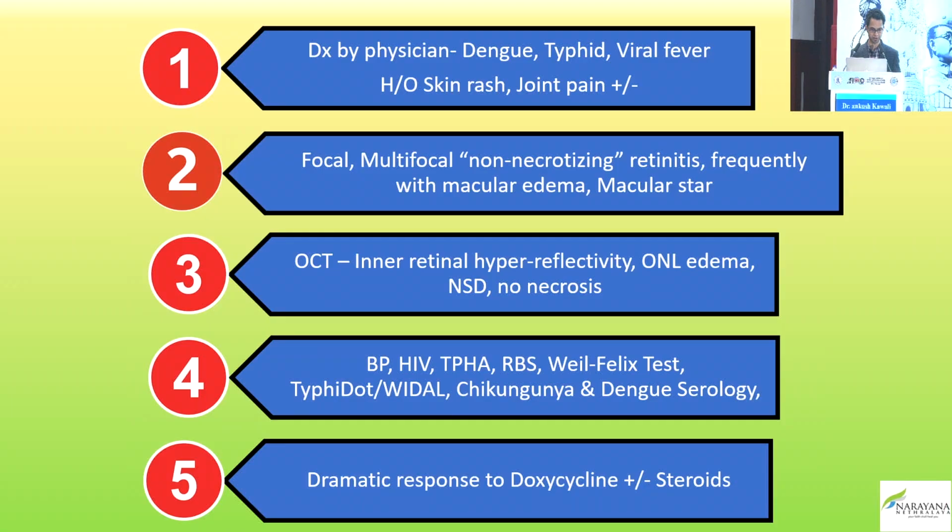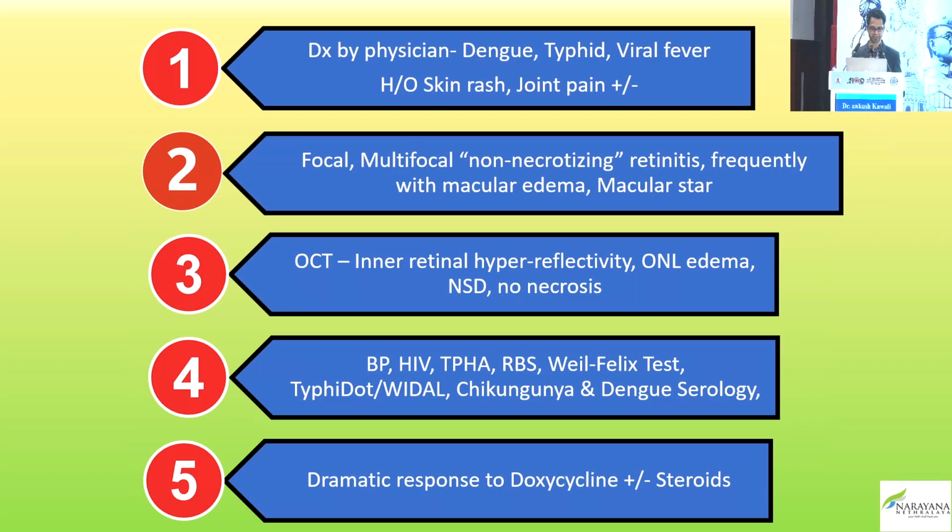So my 5 take-home points. Once you see a patient who has been diagnosed by a physician as dengue, typhoid, or some viral fever, the patient gives a history of skin rash or joint pain, and comes with focal or multifocal but non-necrotizing retinitis, with or without macular edema, formation of macular star, do suspect epidemic retinitis.